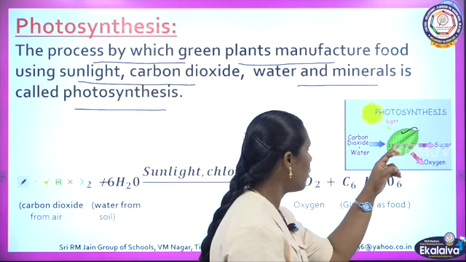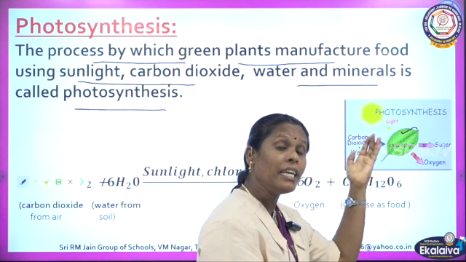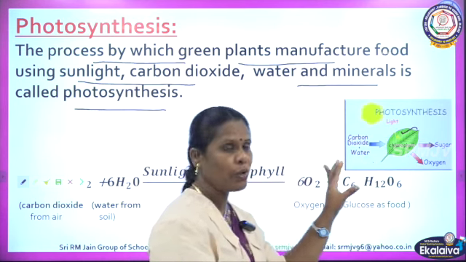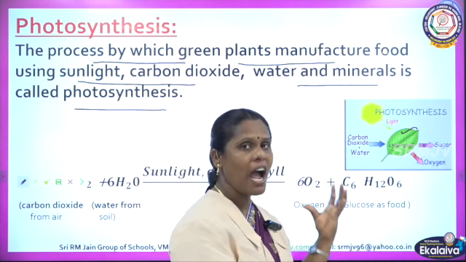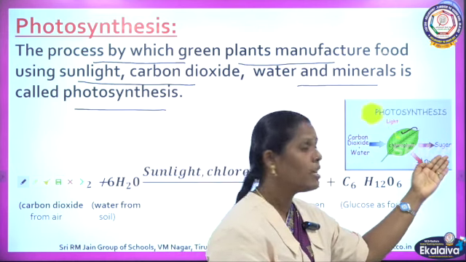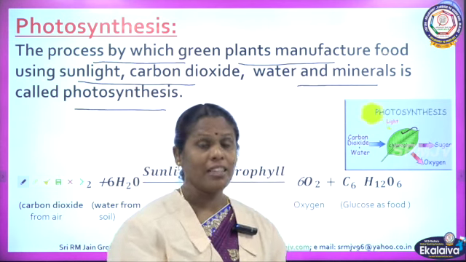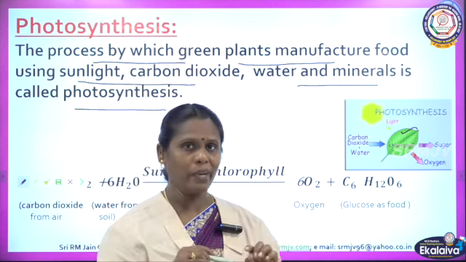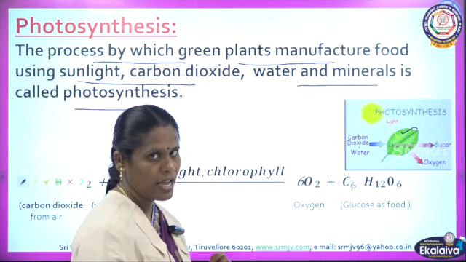The leaf absorbs the sunlight. The chlorophyll pigment is present in the leaf. Then it takes carbon dioxide and water, prepares food like sugar and releases oxygen. That oxygen we use to respire, right? So this is the photosynthesis reaction.